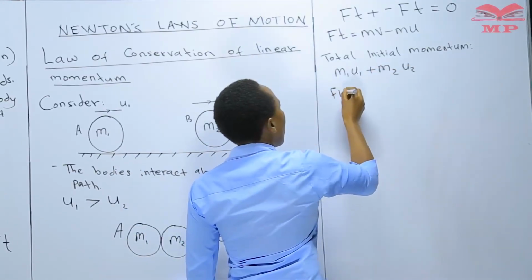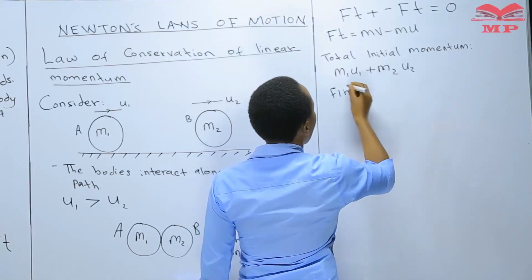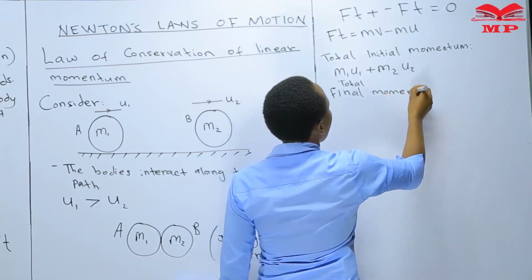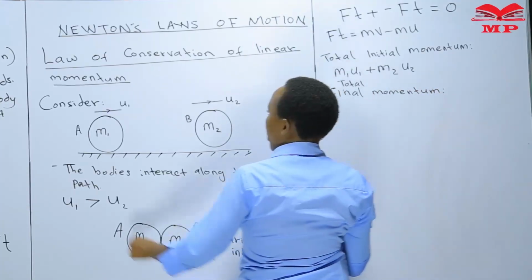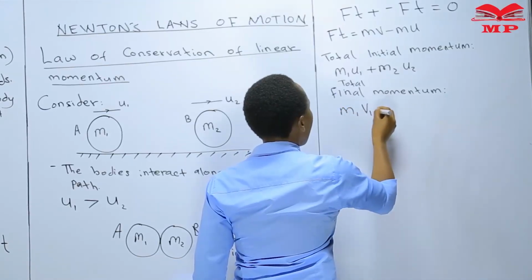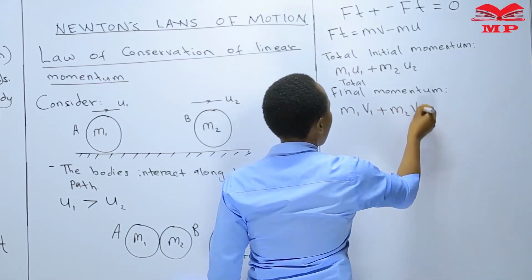Then the total final momentum, that is after collision, is m1 v1 plus m2 v2.